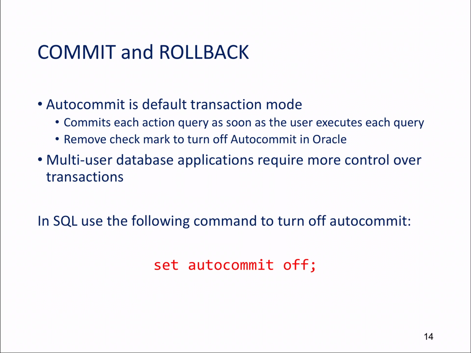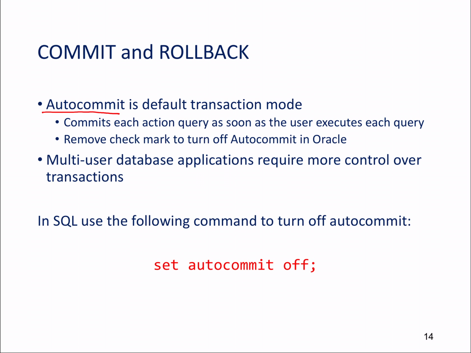To make sure transaction control can be used, we have to understand there is a special transaction mode called auto commit. The default transaction mode inside our Oracle database is auto commit, and it's set to be on.